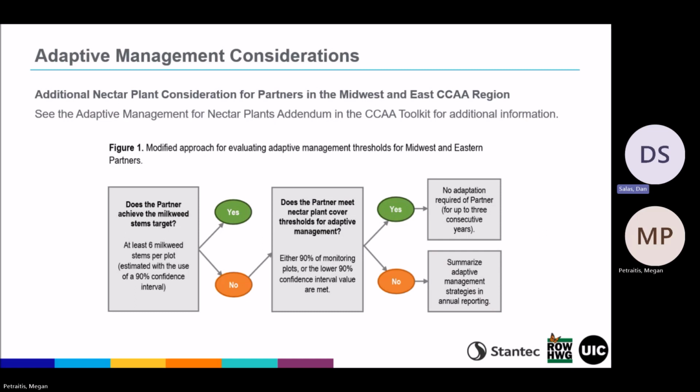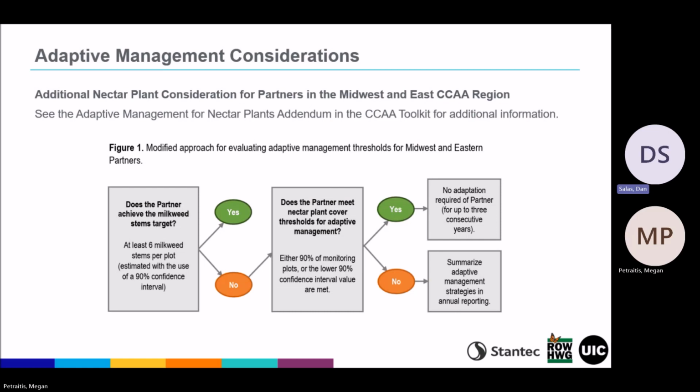We do have some guidance and an addendum regarding this within the toolkit, which includes this graphic here. Essentially, if you don't achieve your milkweed target in the Midwest and East, you have up to 3 years to achieve that target. If after 3 years you're still not meeting that target, that's when adaptive management is triggered.